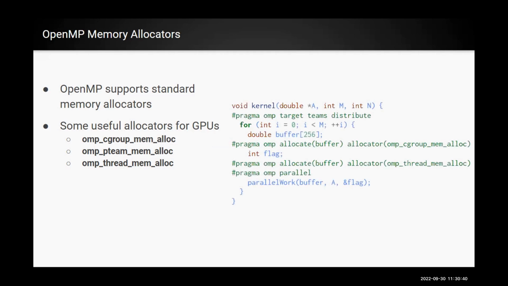So you can write code like this, where you put a buffer into local shared memory, the same as you would do with __shared__ in CUDA. And you can put this integer flag here into thread local memory, which it wouldn't be placed in by default, because you take the address of it, and then you might share that variable between different threads.